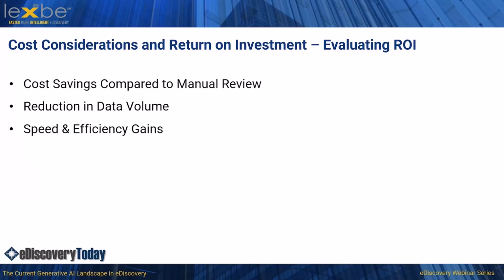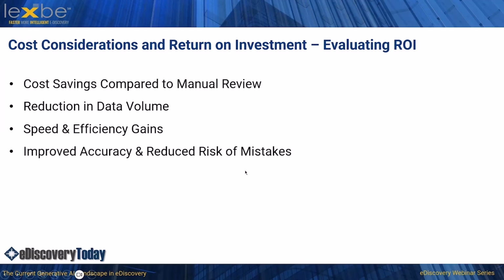The next thing I would talk about is improved accuracy and reduced risk. Certainly, one of the things that we're hearing is some amazing accuracy numbers from generative AI when it comes to classifying documents. So that's one of the things I think you have to consider, the accuracy levels you're getting, and you have to obviously test and validate your results to confirm those accuracy levels.